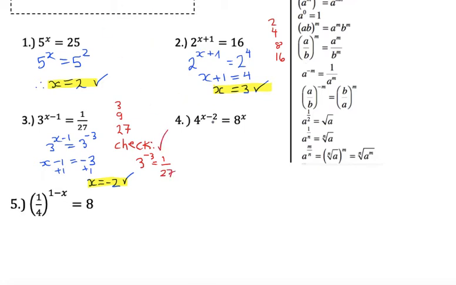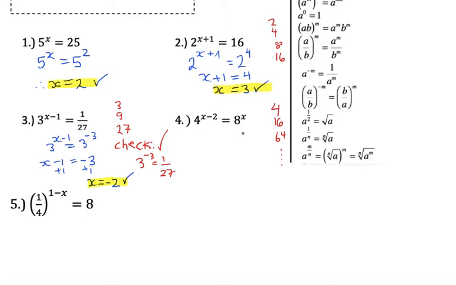Okay, this one. If I were to try to express this with a base of 4, the problem is as soon as I start listing the bases of 4, we're already over, right? So 4 is not going to work. So we're going to need to use 2. Okay, this is different because before this we were just applying this to one side, and now we're actually going to have to change that base on both sides.